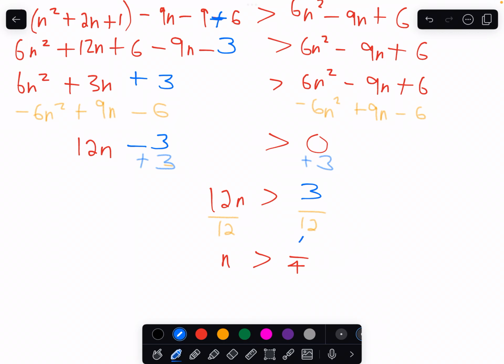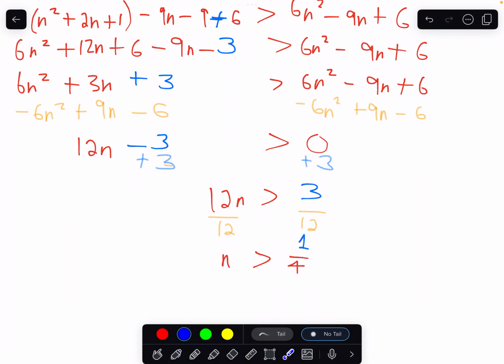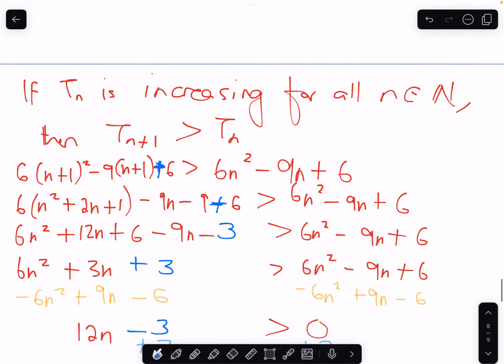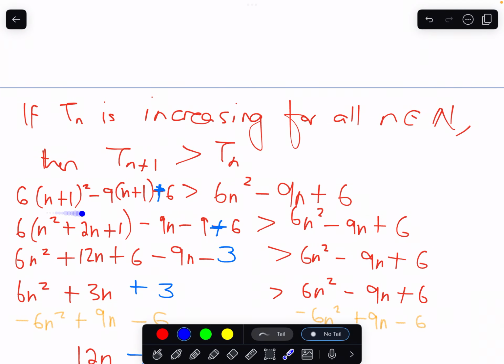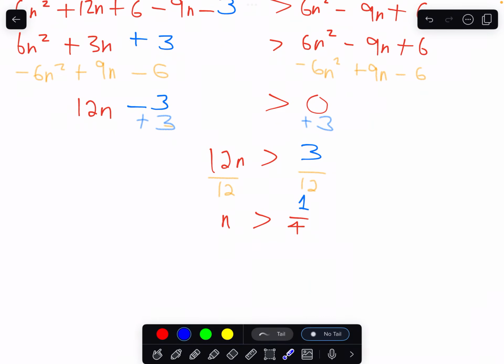Right, okay, so now what this is telling us is for any value of n, any number n greater than a quarter, this inequality will be true. And indeed, because we only care about the natural numbers n, then we only care about 1, 2, 3, 4, and those are all numbers bigger than a quarter.